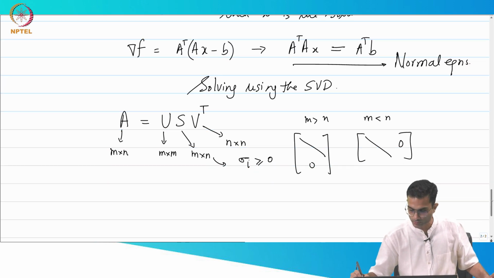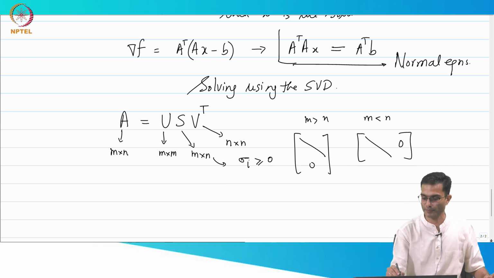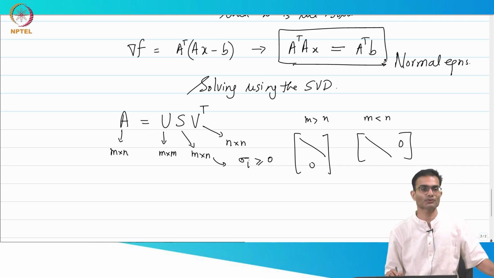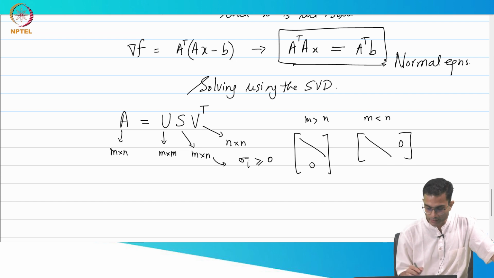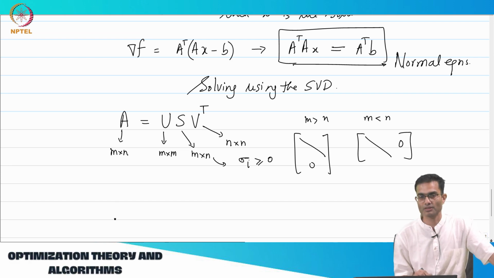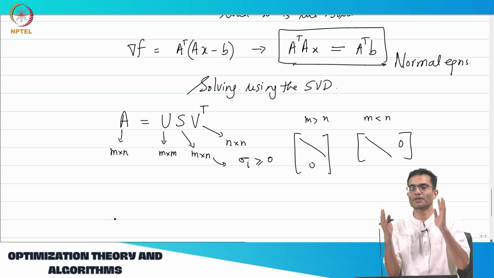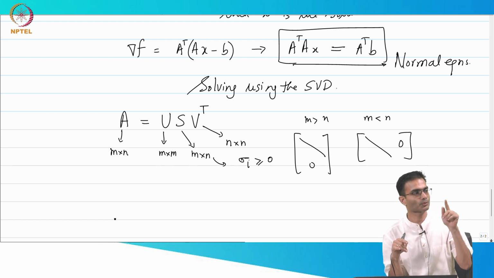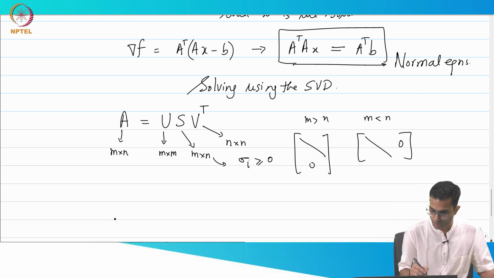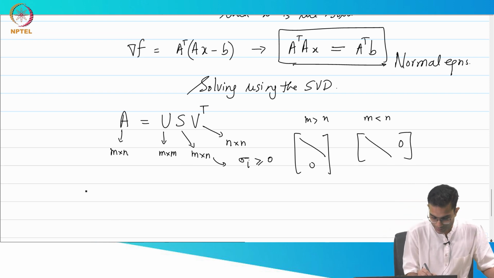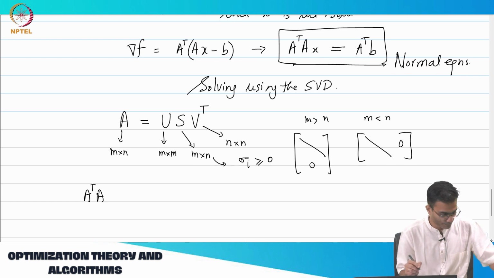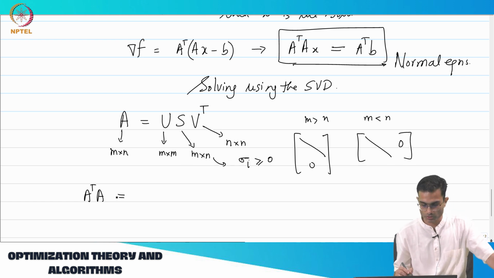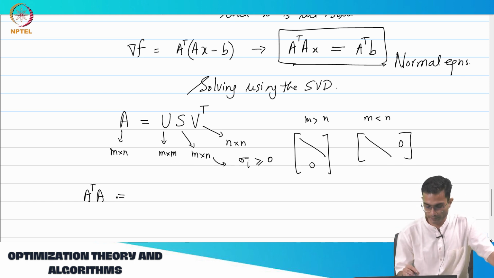Okay, so now this is the equation that we are trying to solve, A transpose A x. So let's look at A transpose. What is A transpose going to be? When we apply the transpose operation, everything flips around, right? ABC transpose becomes C transpose, B transpose, A transpose. So let's write down A transpose A. A transpose, what is the first term I should write?